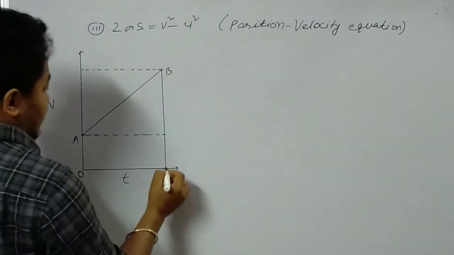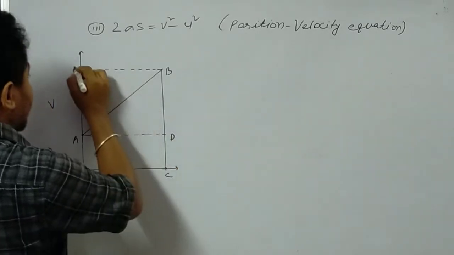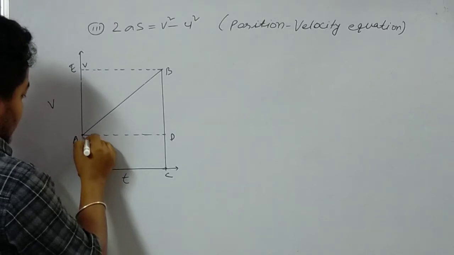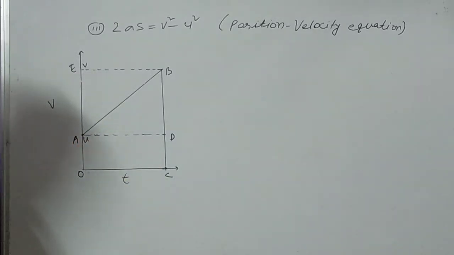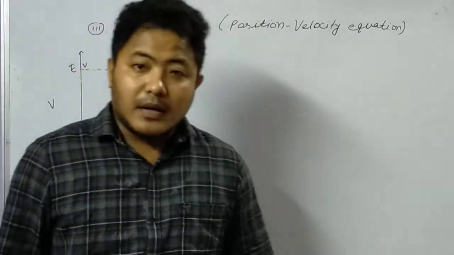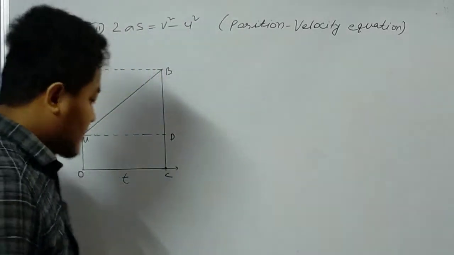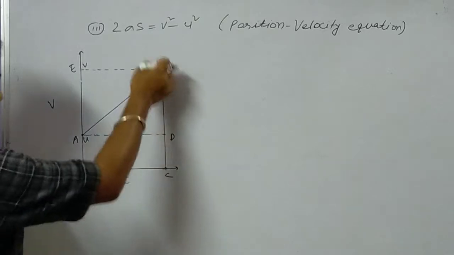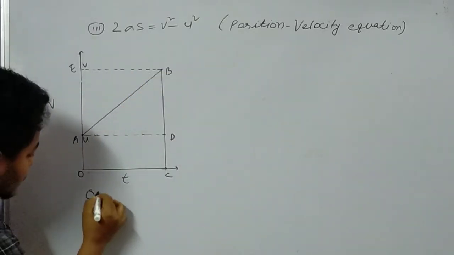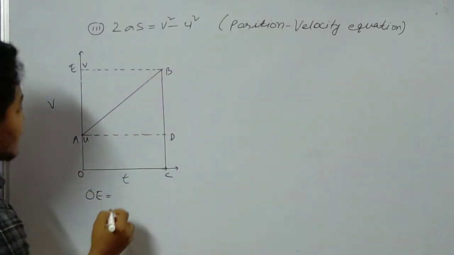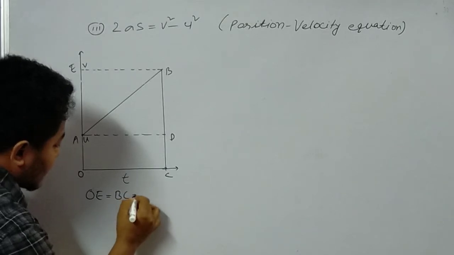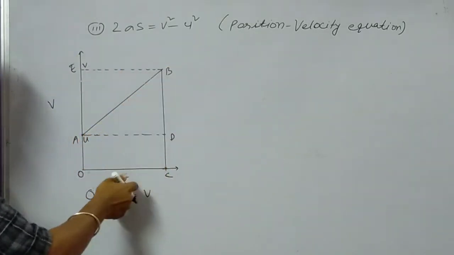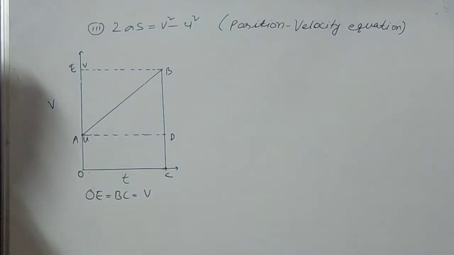This is A, B, C, this is D, and this point is E, and this is final velocity V, this is initial velocity U. As per the assumption I told you, OE and BC are equal, so OE is equal to BC is equal to final velocity.